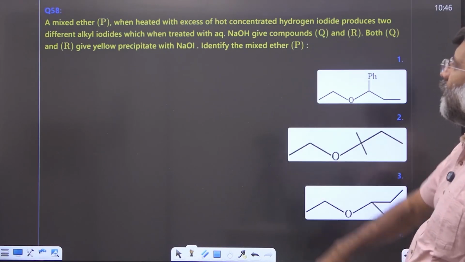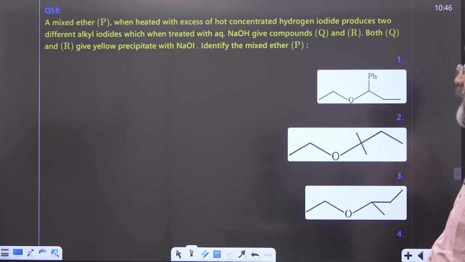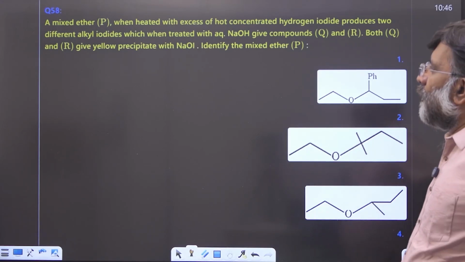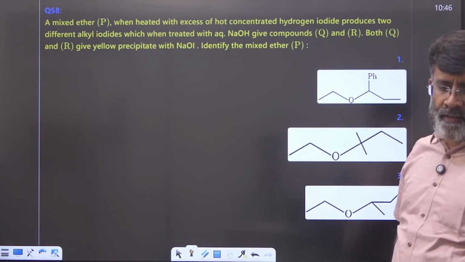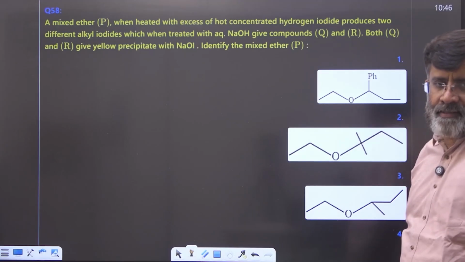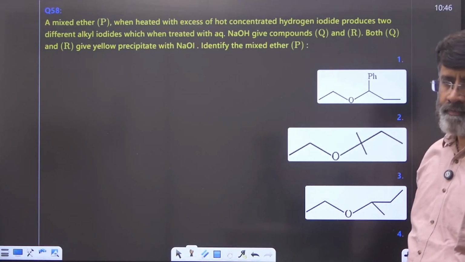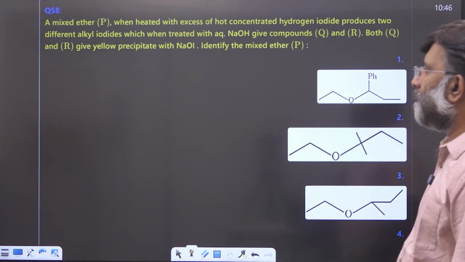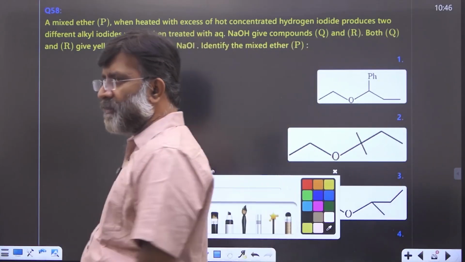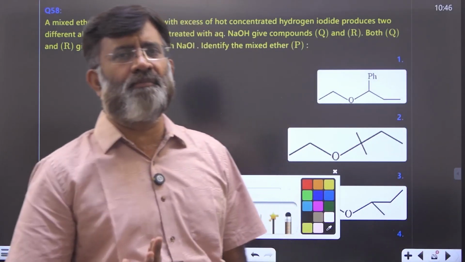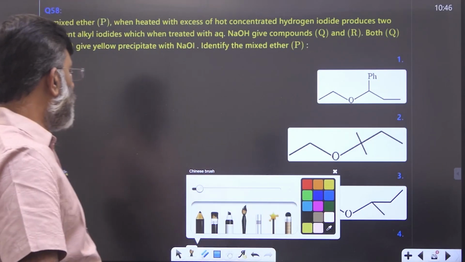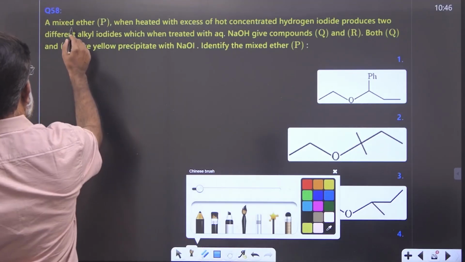Next, question number 58. You have a mixed ether given. Mixed ether means an unsymmetrical ether. So P is a mixed ether.